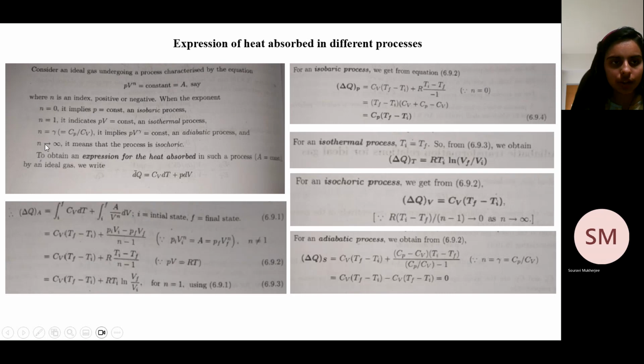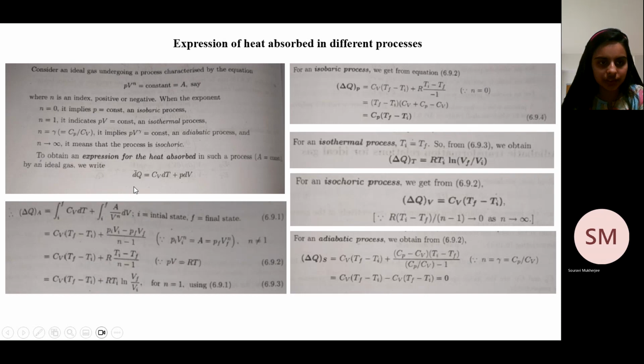Now, depending on these values of n, you can see that the expressions of the heat absorbed are different. Here what you have used is the definition of Cv. Cv is given as du by dT. So dq equal to du plus pdV. That gives you dq equal to Cv dT plus pdV, right? And then here you can have this different expression.